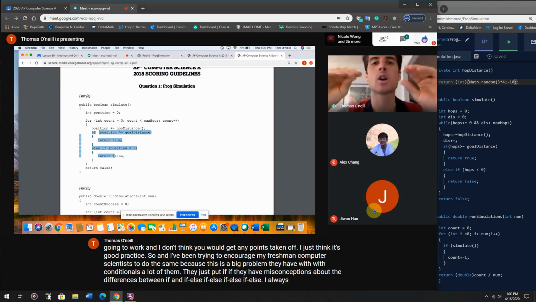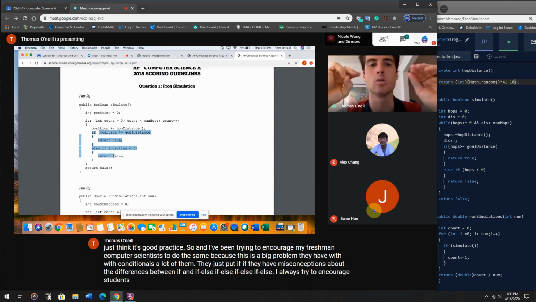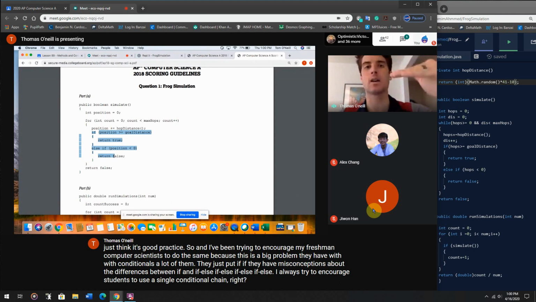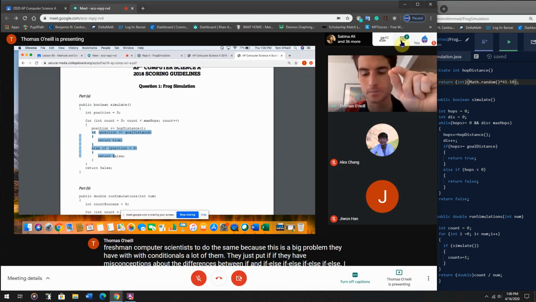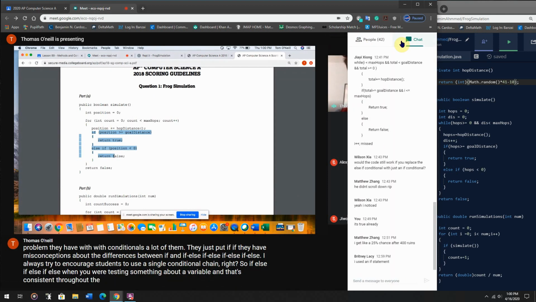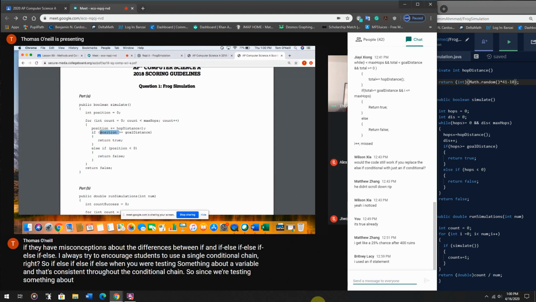I always try to encourage students to use a single conditional chain, right? So if, else if, else if, else, when you are testing something about a variable and that's consistent throughout the conditional chain.